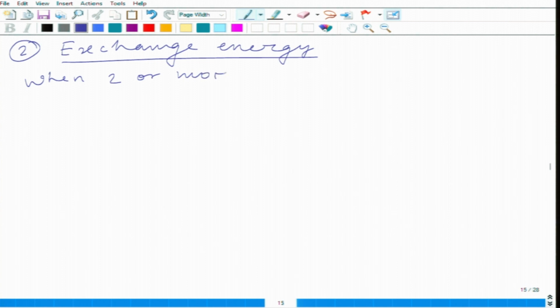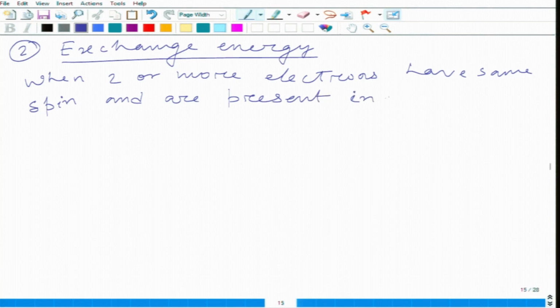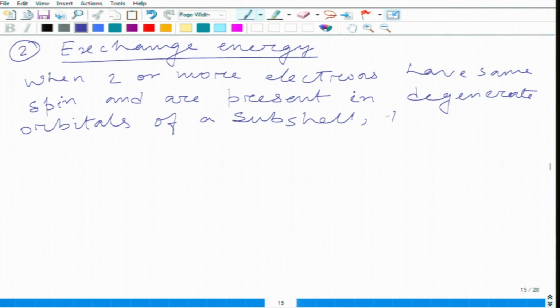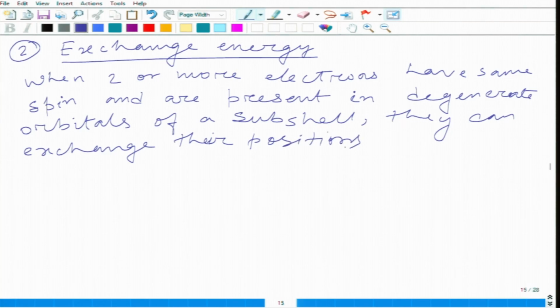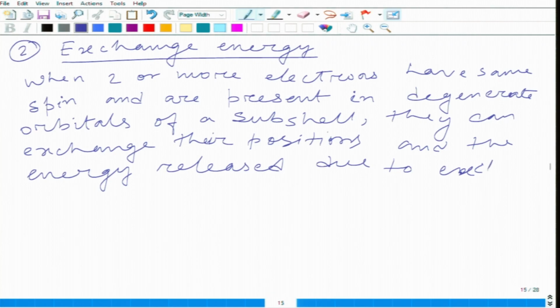When two or more electrons have the same spin and are present in degenerate orbitals of a subshell, they can exchange their positions, and the energy released due to exchange is called exchange energy.